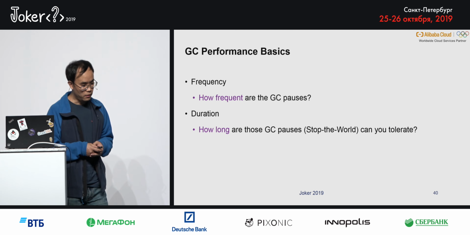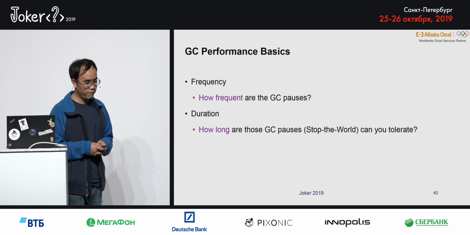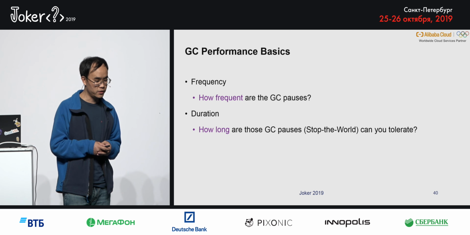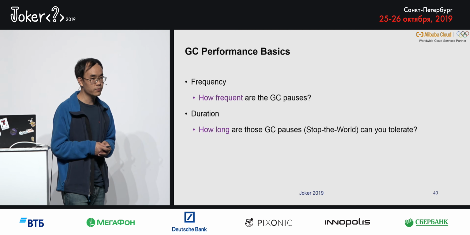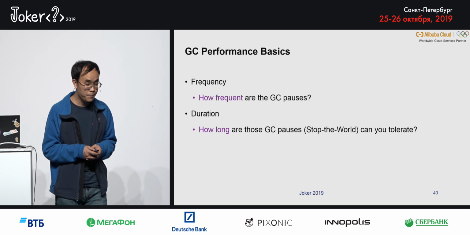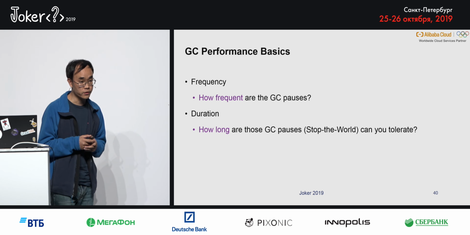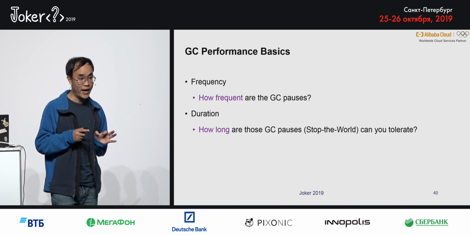So again, we just talk about why we want to do that. The first thing is we just go through the basics of GC performance. I think the first key fact in terms of GC performance is about frequency. It means how frequent are the GC pauses, how frequent GC pauses you can tolerate.